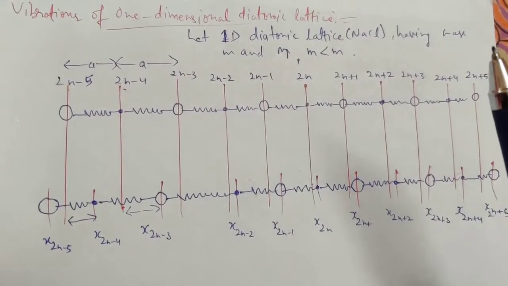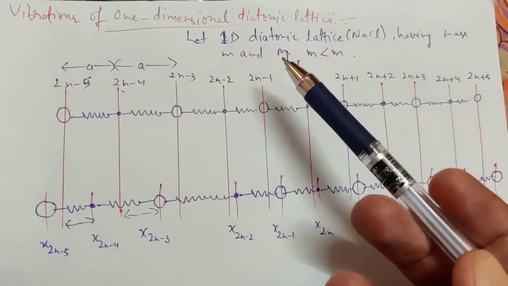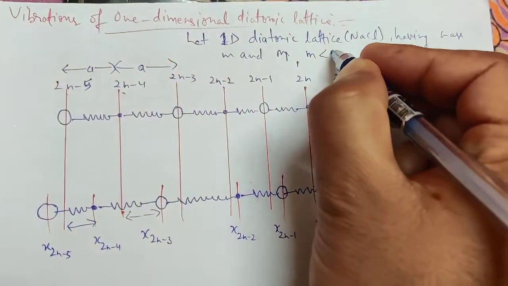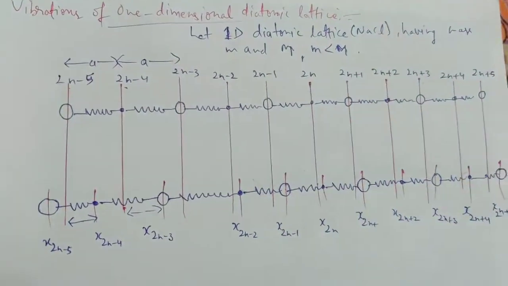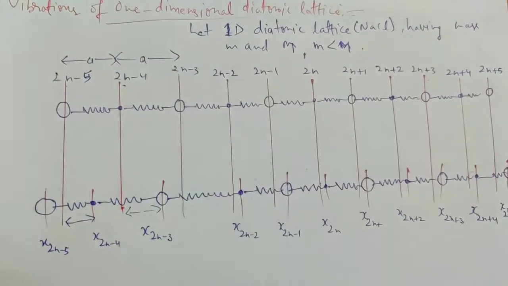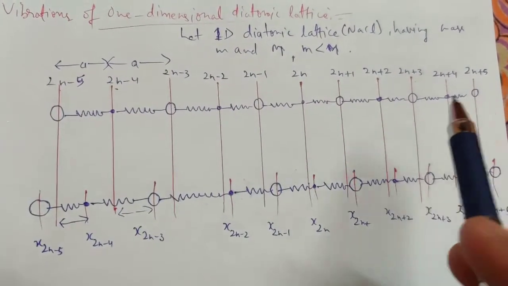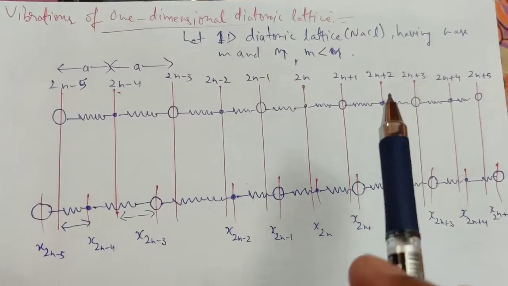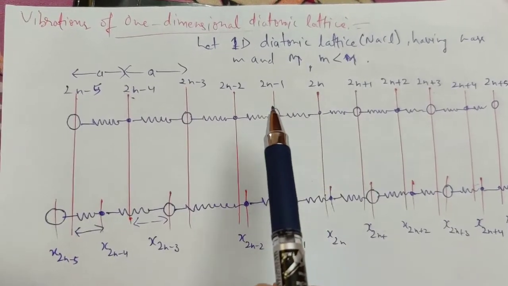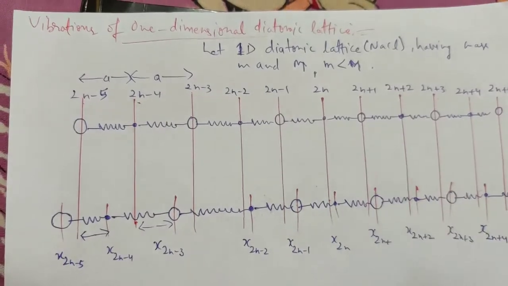Now let the masses of the two atoms be small m and capital M, where small m is less than capital M, and the distance between the nearest neighbors will be a. Let these atoms be placed along the x-axis, at the sites 2n minus 1, 2n minus 2, 2n minus 3, and 2n plus 1, 2n plus 2, 2n plus 3.